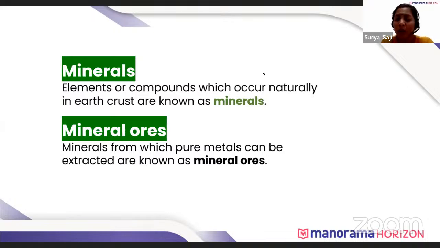So we can say that all ores are minerals, but all minerals are not ores. This is a famous saying, like we are studying in class: all ores are minerals, but all minerals are not ores. Consider ores as a small category of minerals.